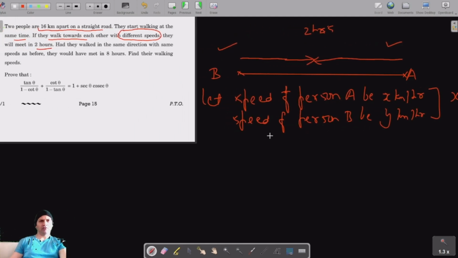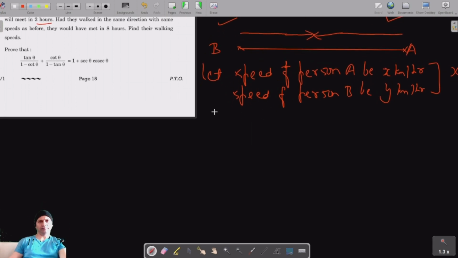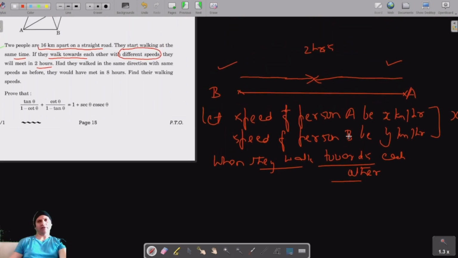Now, when they walk towards each other, they meet after 2 hours.